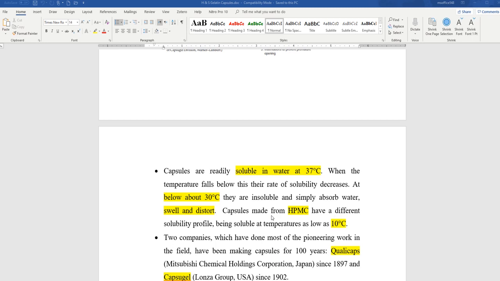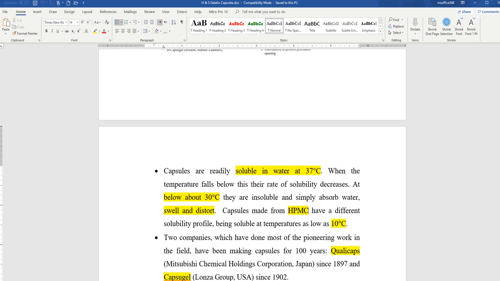The main constituent of these shells is HPMC. HPMC, in addition there is a little amount of water. HPMC stands for hydroxypropyl methyl cellulose.